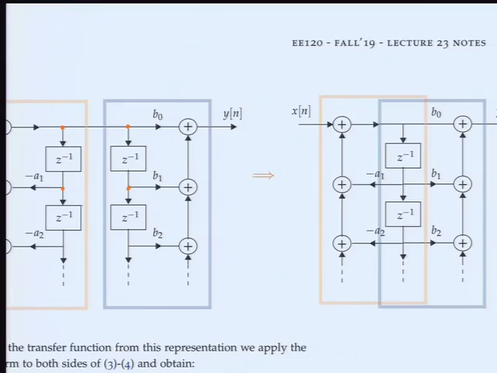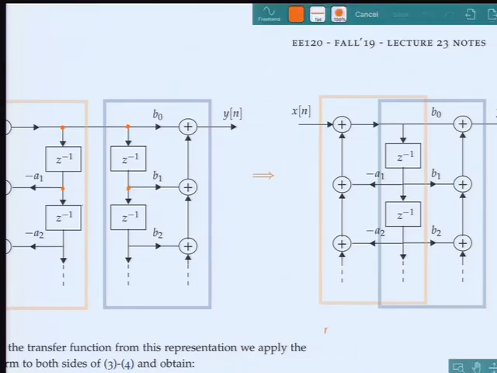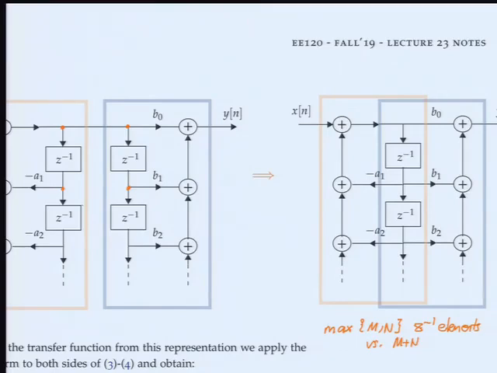So in general, you would need the maximum of M and N Z-inverse elements, versus M plus N, which was what was needed before we swapped the two. Okay, so that's good to keep in mind.